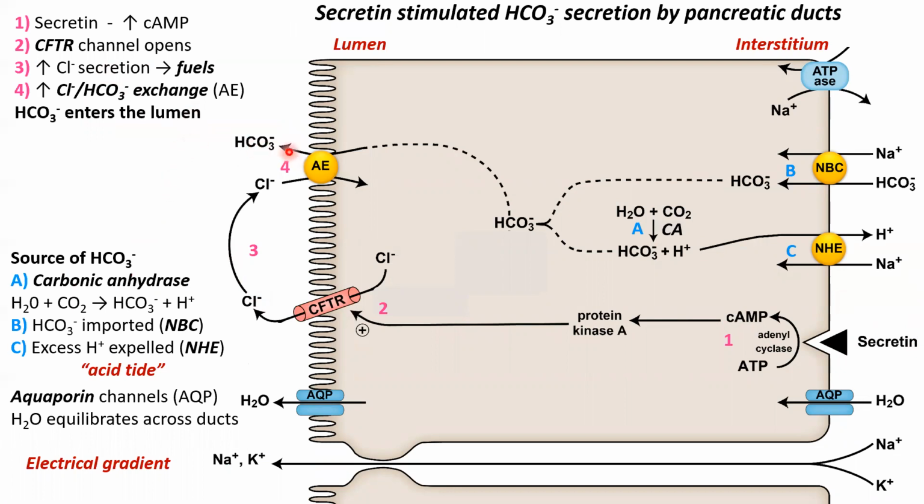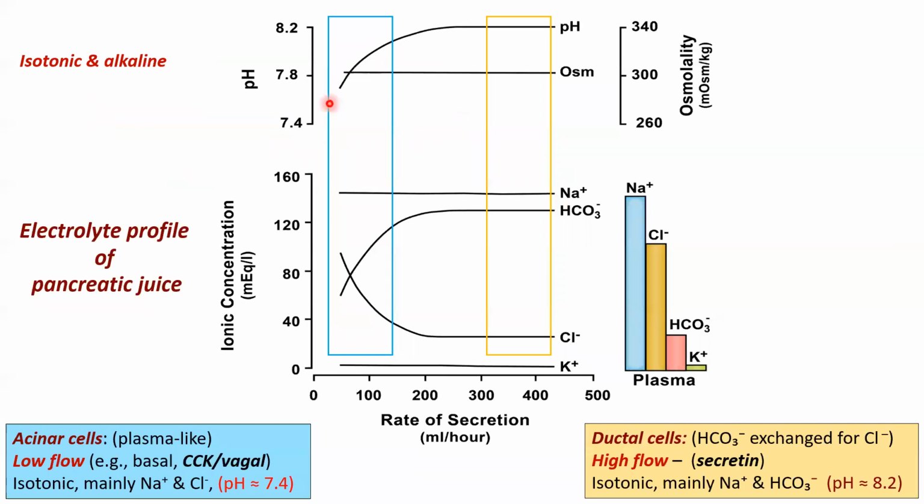It's the bicarb chloride exchange mechanism. All right, so now the electrolyte profile is a little easier to understand. Don't ask me why, but studying the salivary gland is not easy. You have multiple glands, you have multiple ducts. So that's bizarre information. But here it's pretty straightforward.